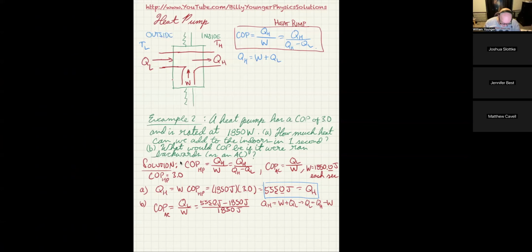And with that in mind, we end up getting that the coefficient of performance for this AC is actually equal to 5,550 minus 1,850, which is 3,700. I'm going to divide the 3,700 by 1,850 joules, and that gives me a coefficient of performance that's equal to 2.0.